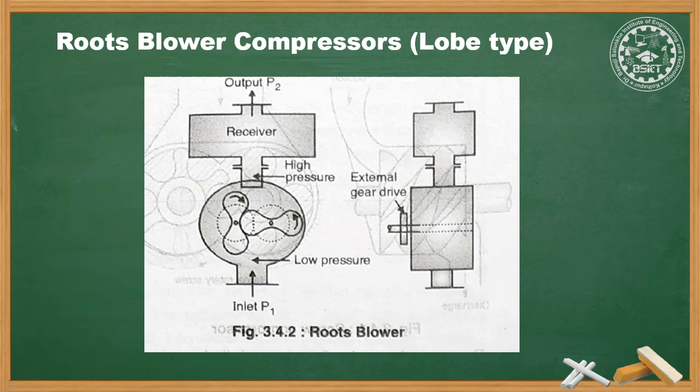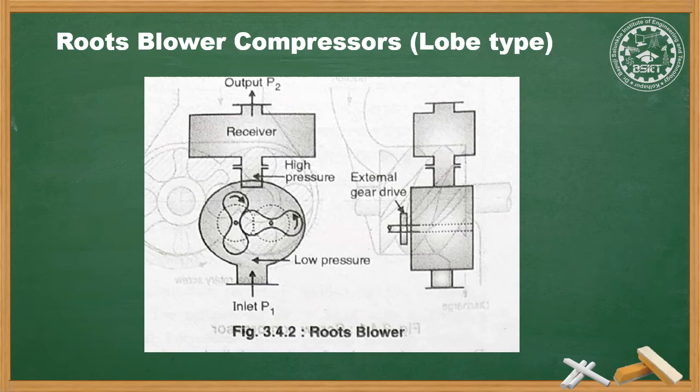At the same time, high pressure air rushes back from the reservoir and mixes irreversibly with lower pressure air until the pressure is equalized. Then the air is delivered to receiver at pressure P2. If the rotor has two lobes, then the air delivered is 4V, and if three lobes, then 6V per revolution.